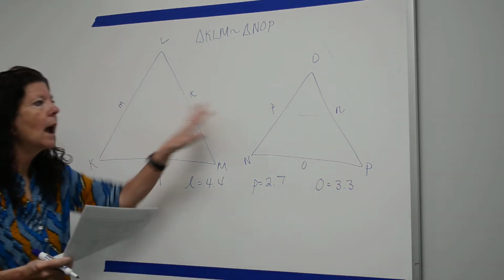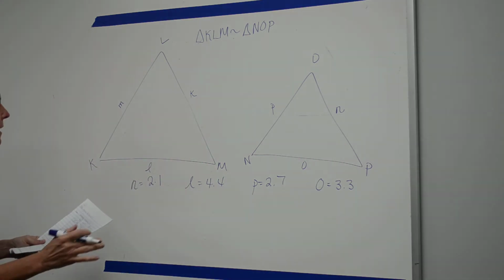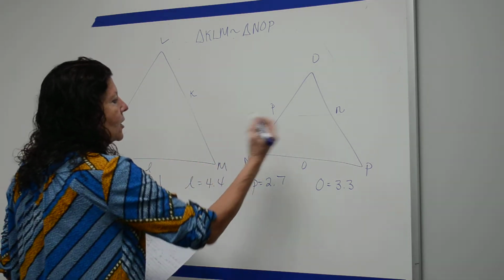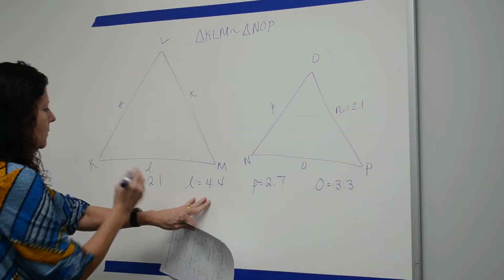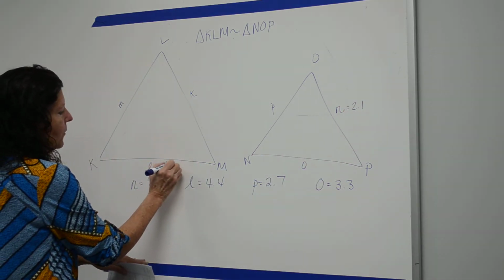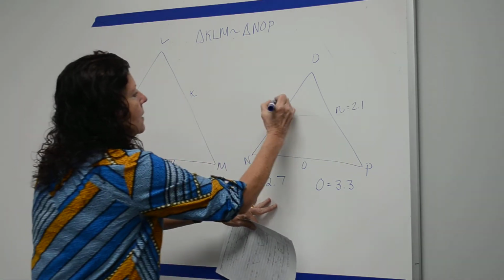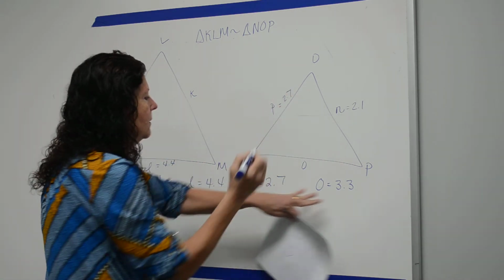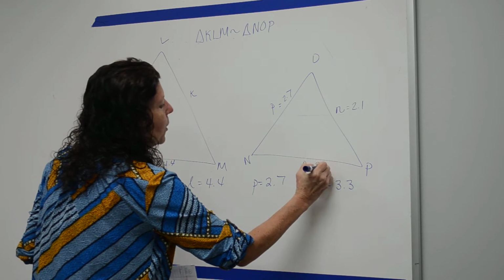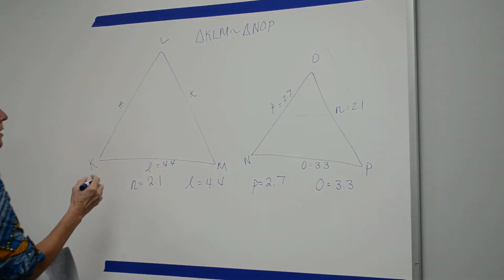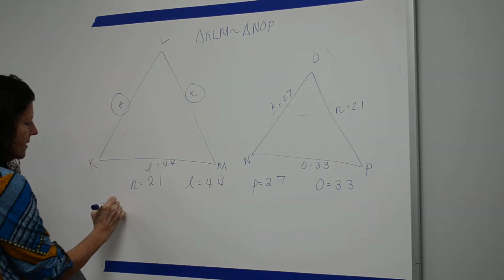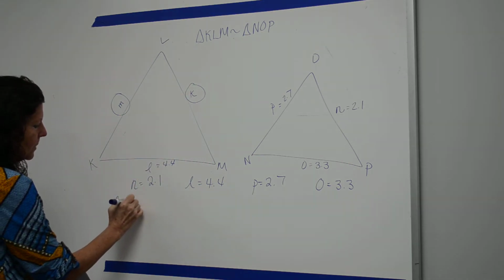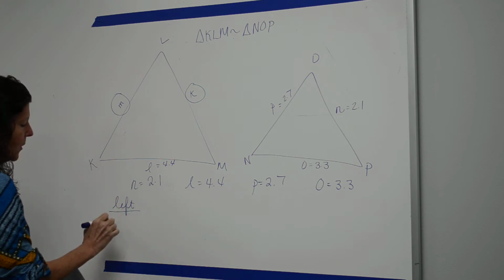Now, if I were you, I would draw the illustrations every time so that I could go back and label. So 2.1 goes right there. 4.4 goes right there. 2.7 and 3.3. Now, what I'm trying to do is find this and this. So I'm going to set up a proportion, because remember the sides have to be proportional.